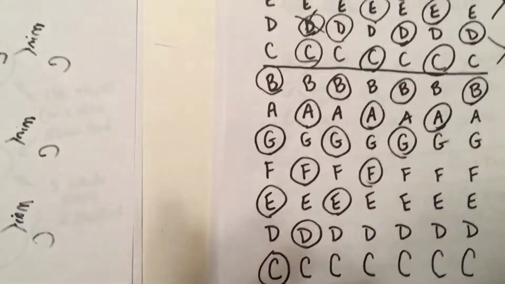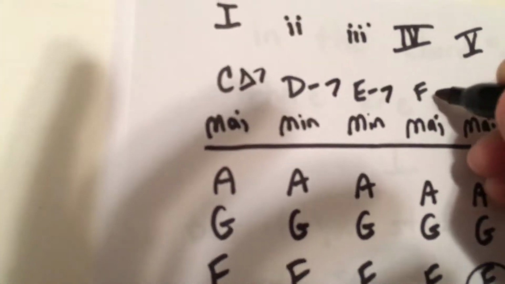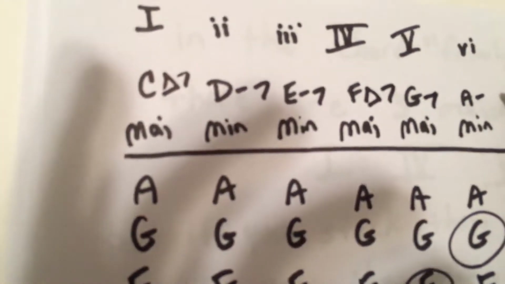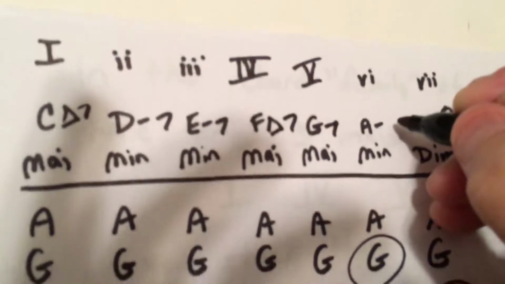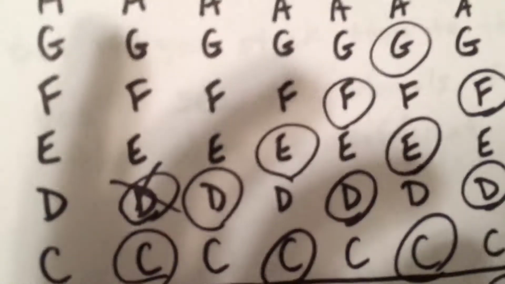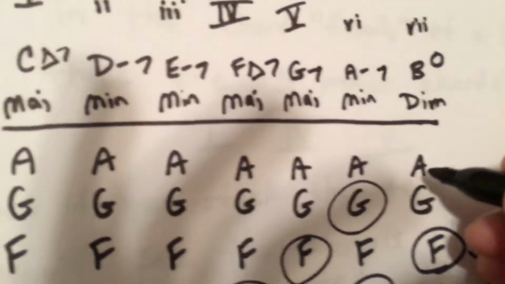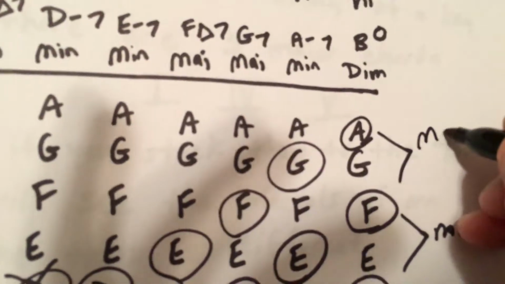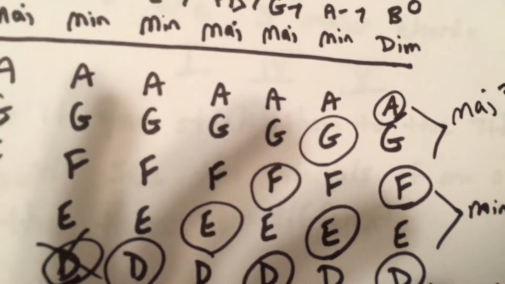Okay, now we have all 7 chords, and the result will be C major 7, D minor 7, E minor 7, F major 7, G dominant 7, A minor 7, and still would be B diminished, only now we would have a major third here, which would mess us up.